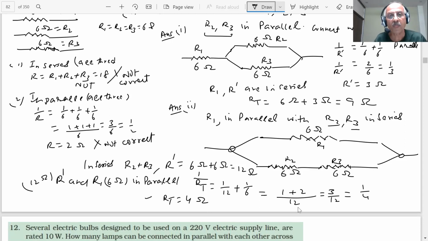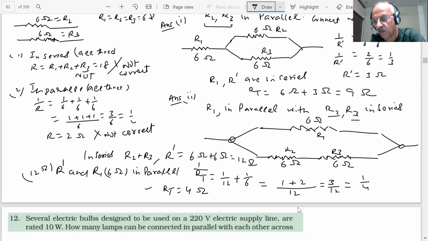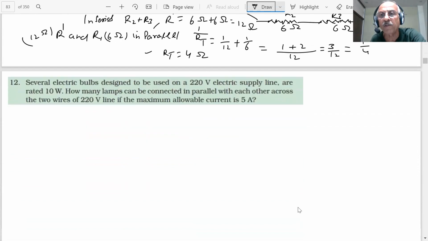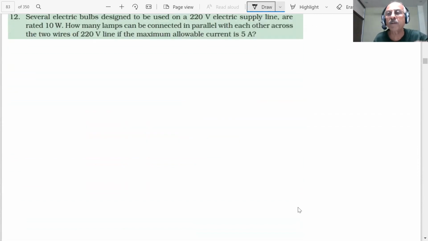Any doubt, students? No, sir. Can we proceed further, students? Yes, sir. Okay. Make sure that you note down each and every point. Similar questions can be asked by changing the values in the exams.